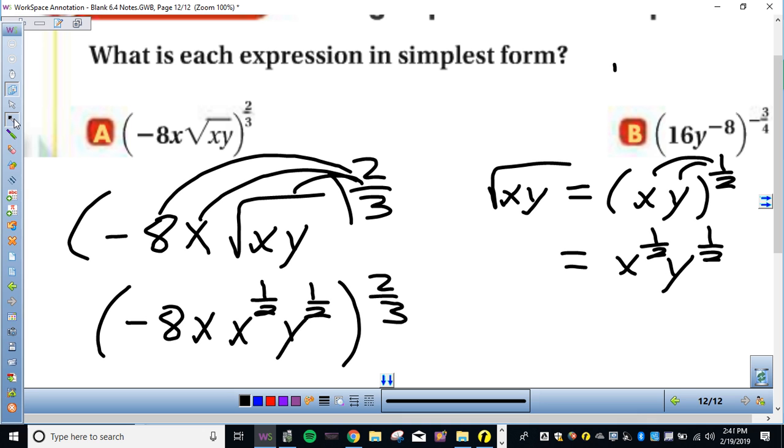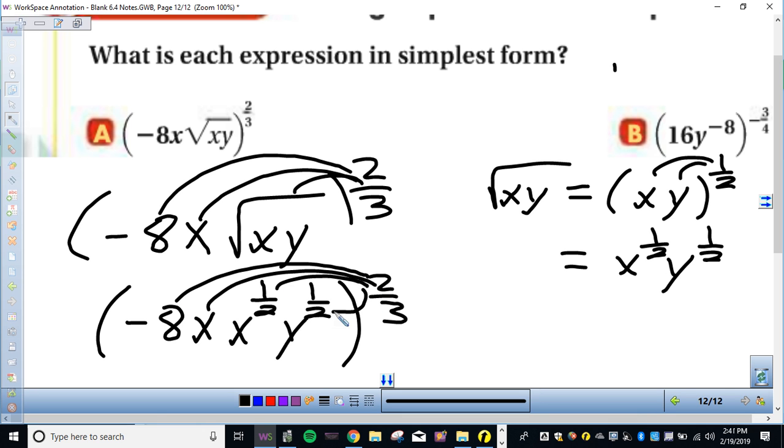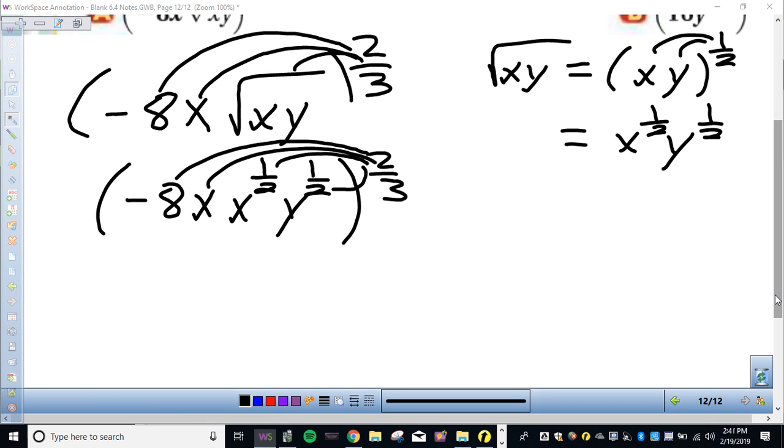So now we're going to distribute all 4 parts. You have to use your words now. Because we couldn't distribute, it was in the way, right?